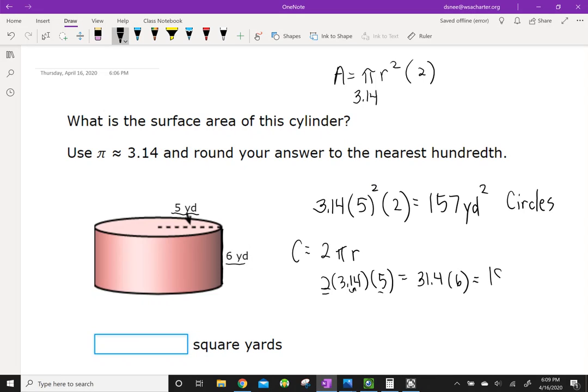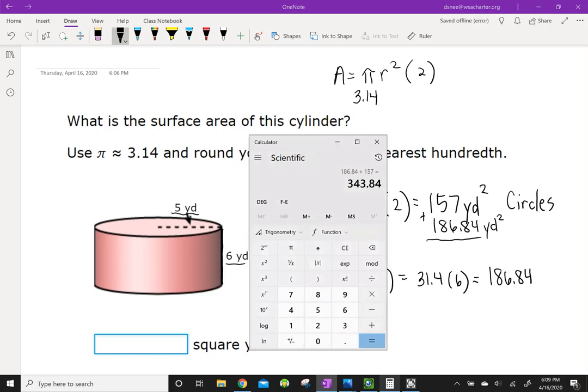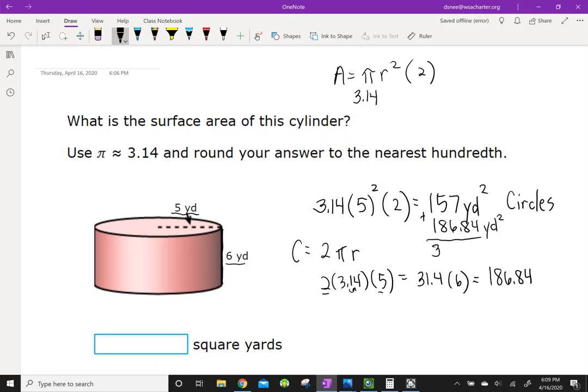So 186.84, and then I add these 2 values. And what I got was 343.84 yards squared. So I'm going to try that.